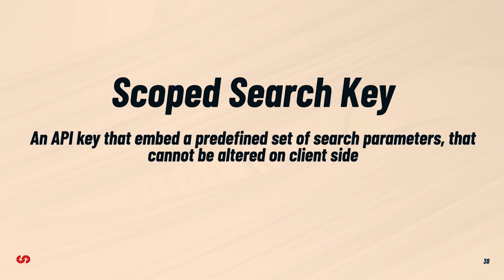You use this key on your client side, and automatically Typesense will filter only documents that also match this set of parameters. So you can do that in the backend, generate those keys, send them to the browser, and your user will never find a document for roles different than editor, for example.